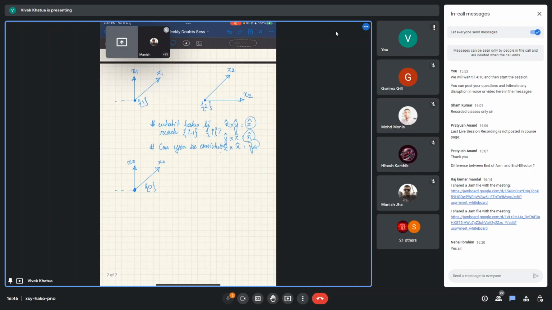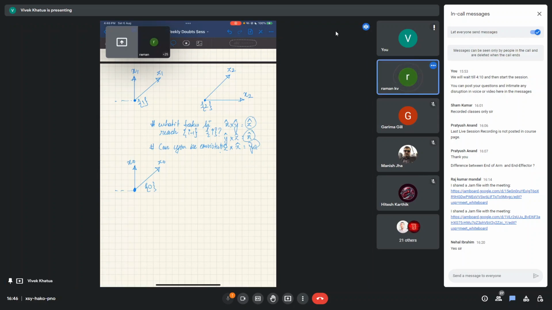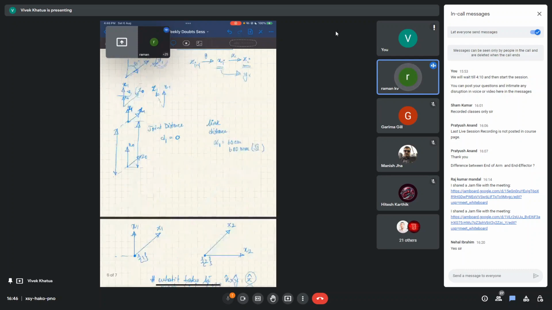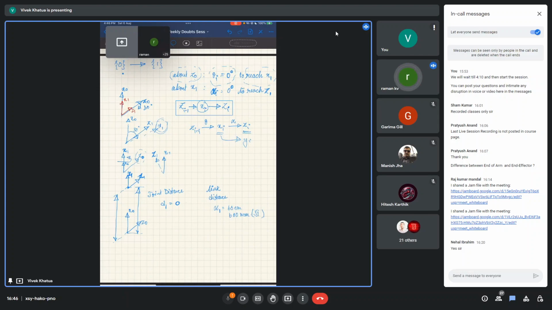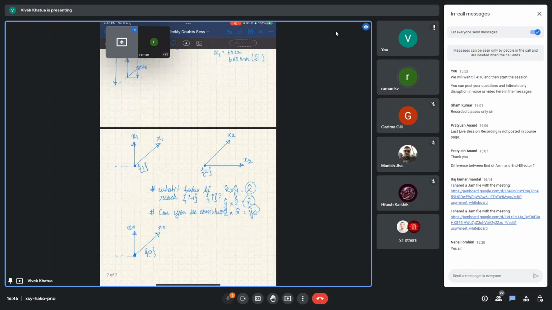Excuse me, I have a question. Yeah, Raman, go ahead. Right now frame 0 and frame 1 are oriented in the same direction, but they are spatially apart. The origin is not the same.